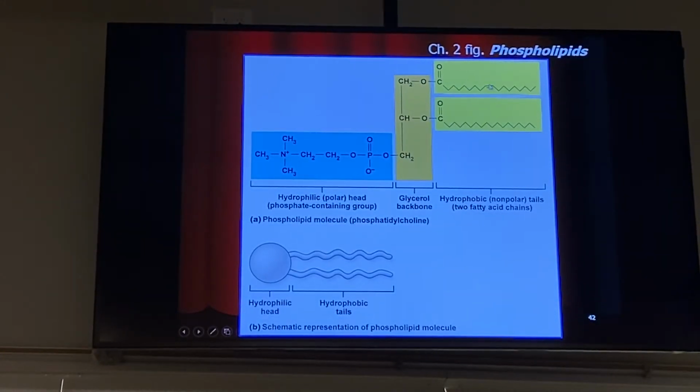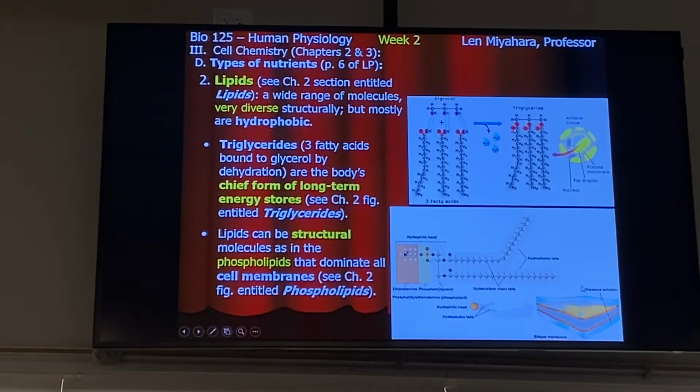One of the fatty acids right here is monounsaturated. You got one double bond. So that's why that one is bent. Here's the double bond right there. Saturated is straight, unsaturated is bent at the double bond. Did you guys notice that before?